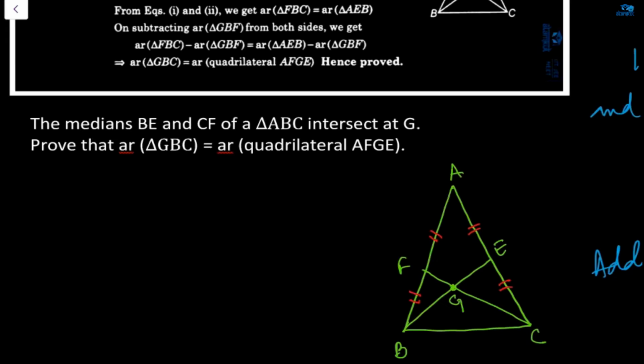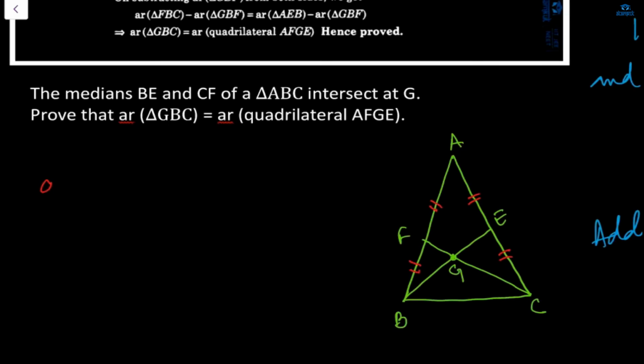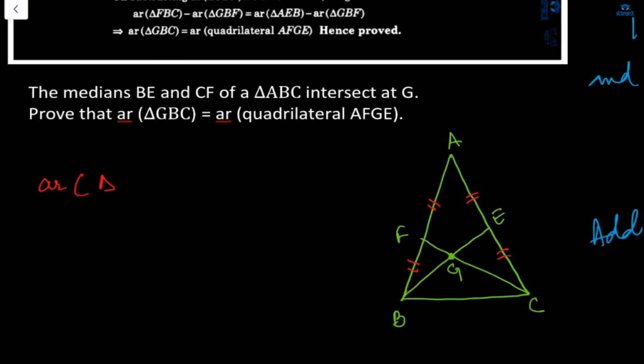So how are you going to do this question? Just a minute. So how are we going to do it? See, CBE is the median, yes. So if BE is the median, what will happen? See, CF is the median, therefore it will divide the triangle into two equal areas.